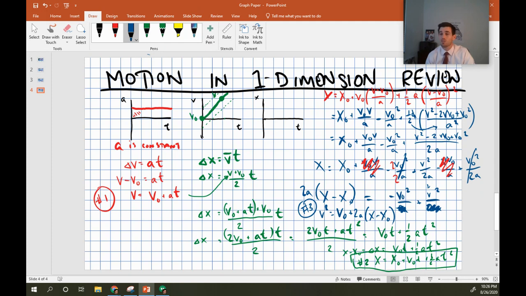So I suggest that you very often try to sketch your motion graphs and see what you can figure out with them rather than always defaulting to the equations. Even though they feel more mathy, physics is more about learning to use the right tool than always using the fanciest tool possible.